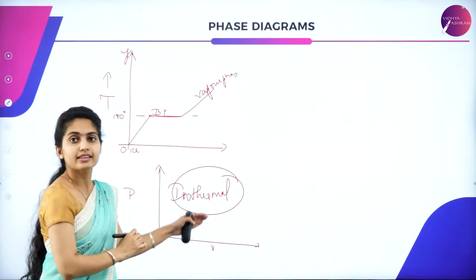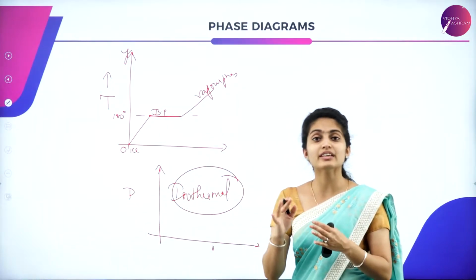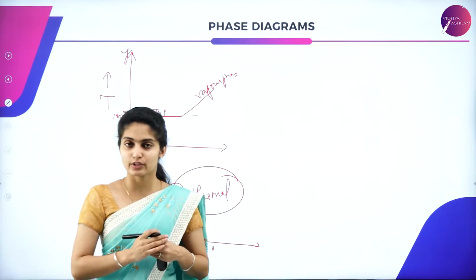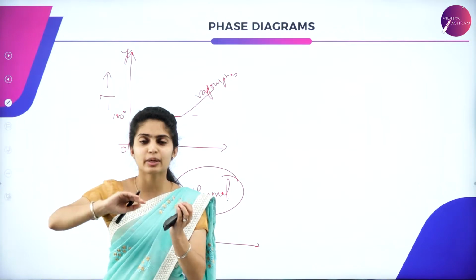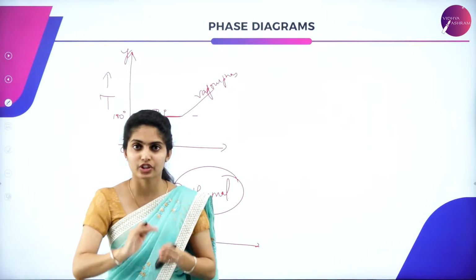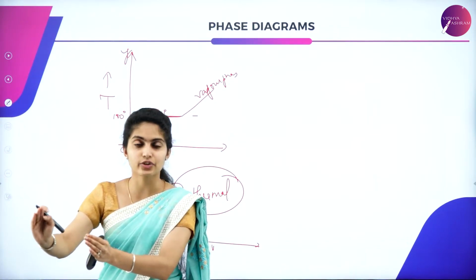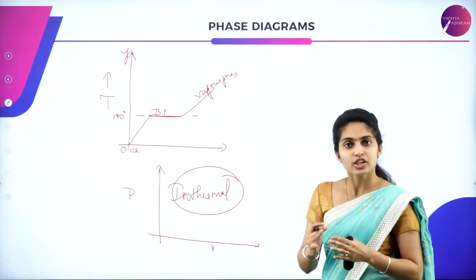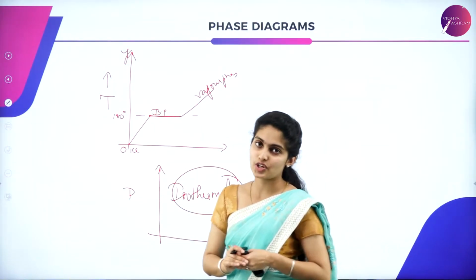That means we deal with a certain temperature that is constant. To remember isothermal, you can think of isolating the temperature and keeping it apart. So the temperature is kept apart and it is constant. In an isothermal process, the temperature is constant, so the variation takes place in P as well as V.